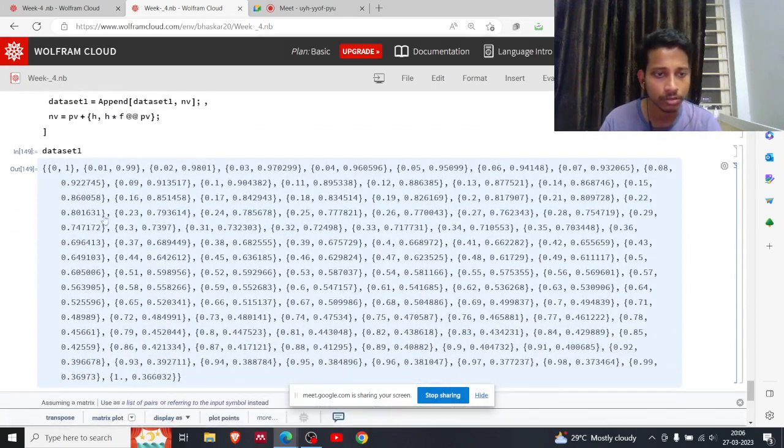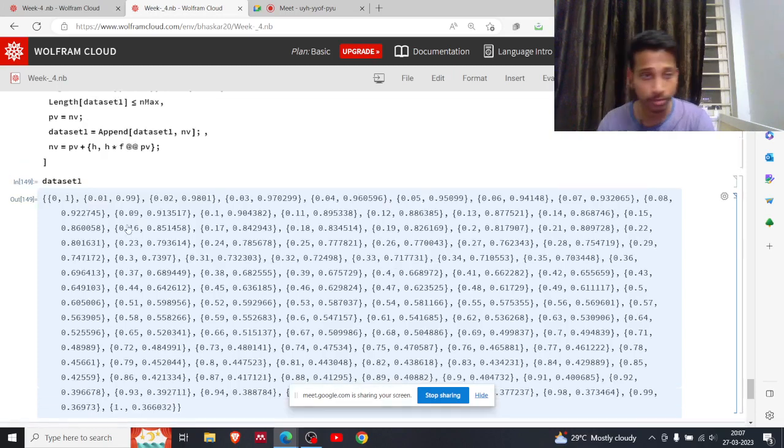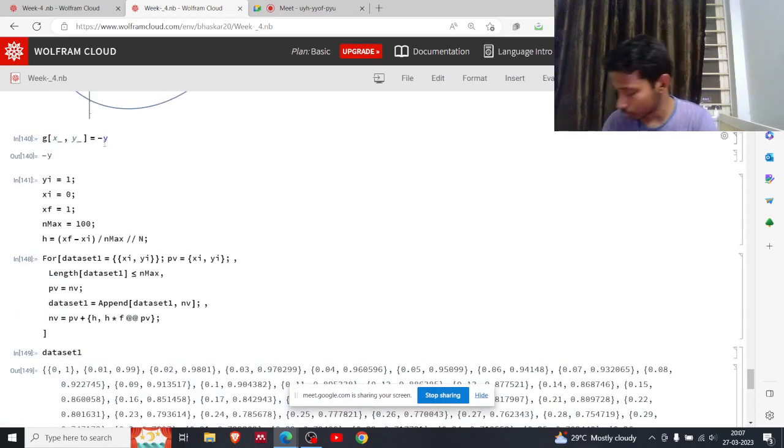So now this is the first problem I have solved numerically by hand, and there I have calculated the value up to 1. So the problem is that y' equal to minus y, and the initial condition is y(0) equal to 1. So xi equal to 0, yi equal to 1. Then I took h equal to 0.01.